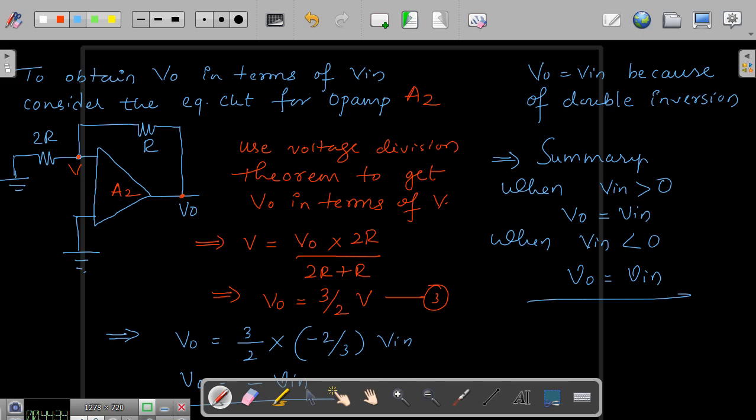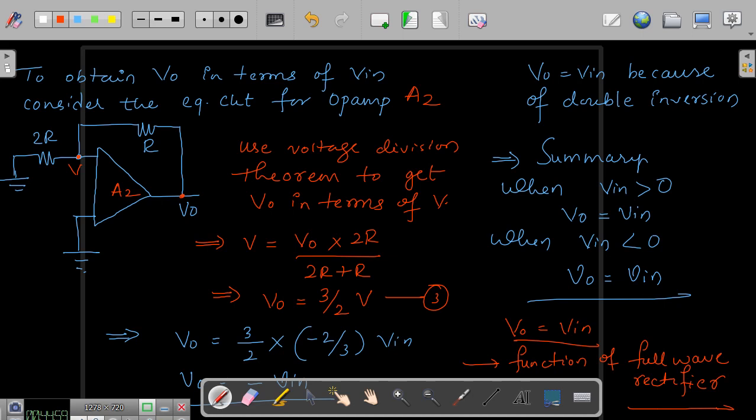When V in is greater than 0 or when V in is less than 0, invariably your V0 is equal to V in. That gives you the function of full wave rectifier. It will consider only the magnitude of the input signal, not the polarity.